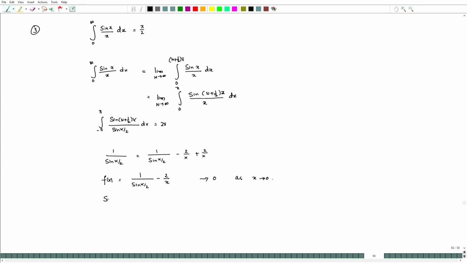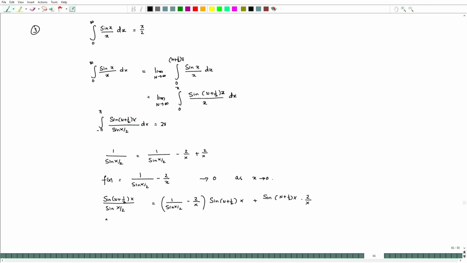Therefore, sin of (n plus 1 half) x by sin x by 2 is equal to f of x times sin of (n plus 1 half) x plus sin of (n plus 1 half) x into 2 by x. We would like to compute this.